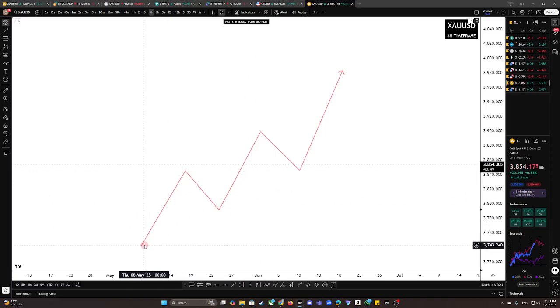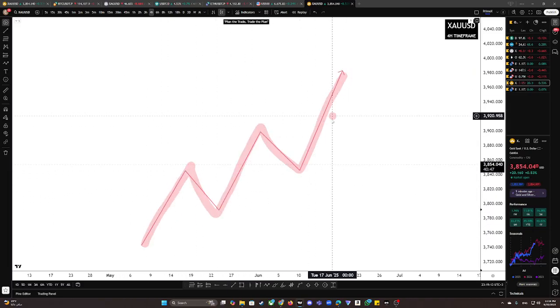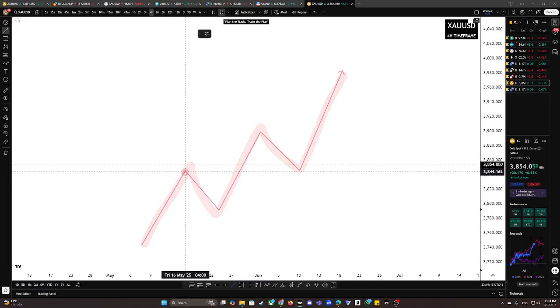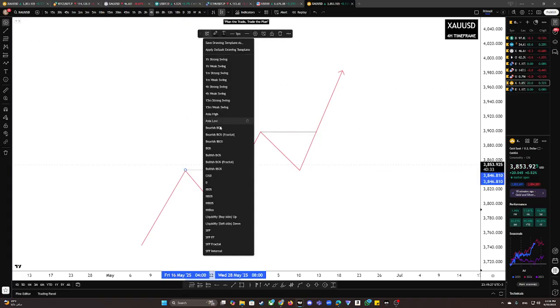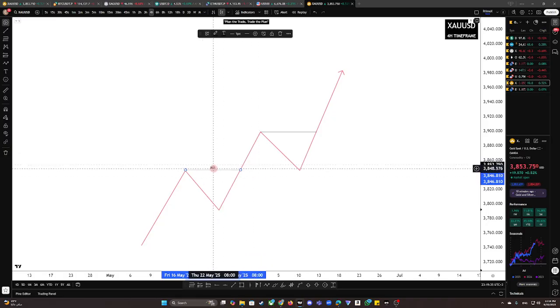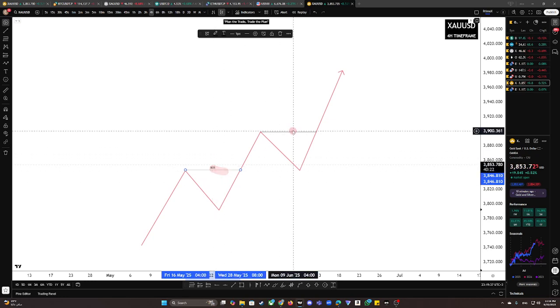So in this example, we have a very strong uptrend, and of course we are breaking from left to right bullishly. And if I take my trend line and just draw it sideways, you will find out that price keeps breaking structure bullishly. I usually label this by having a bullish BOS, which means a break of structure.